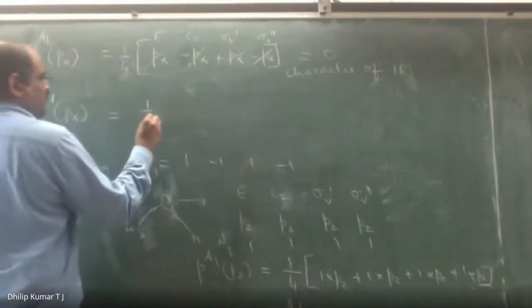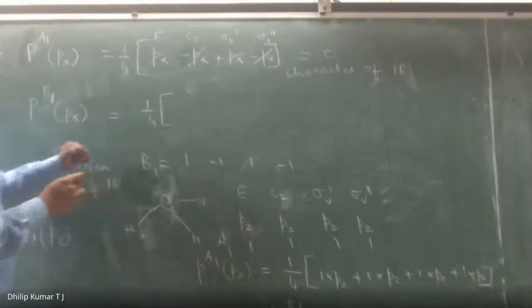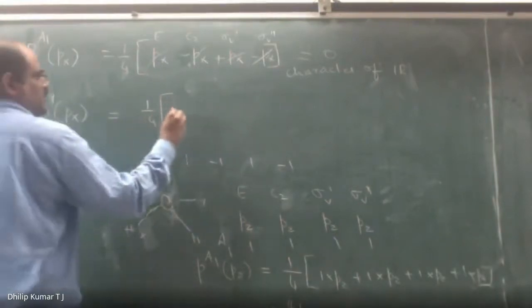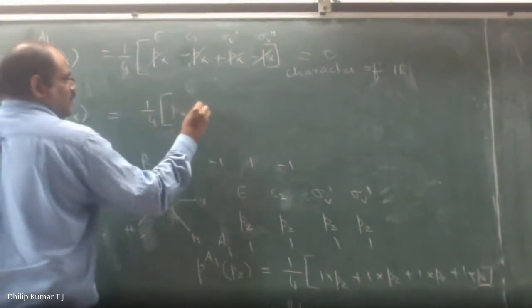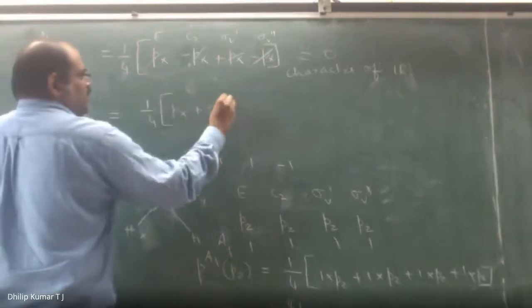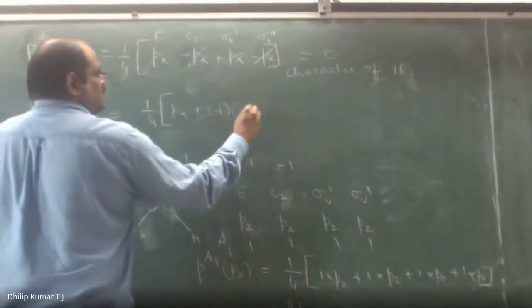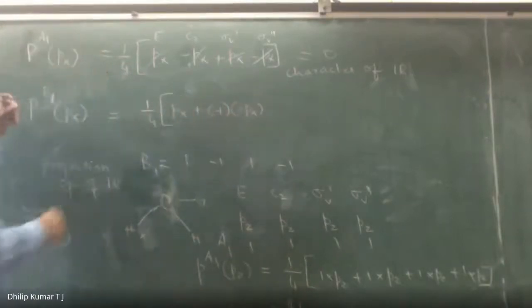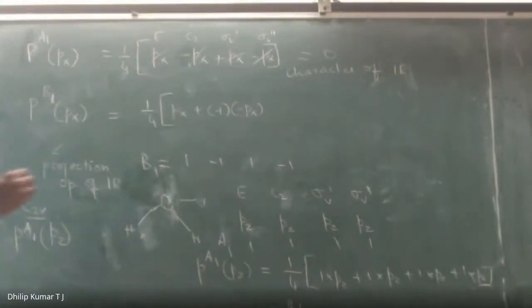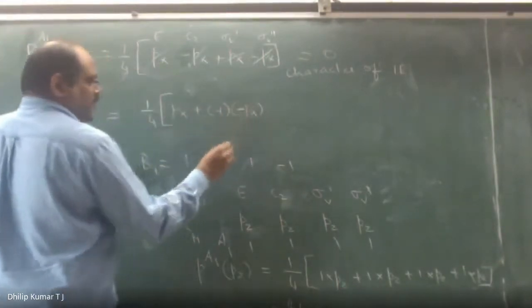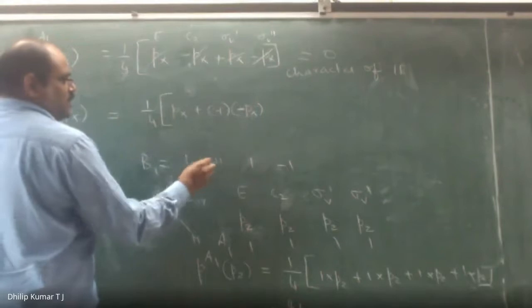So it's 1/4 px orbital, again this is coming out, so px plus minus 1 of minus px. If you perform C2, it becomes minus px, whereas the character of B1 for C2 is minus 1.